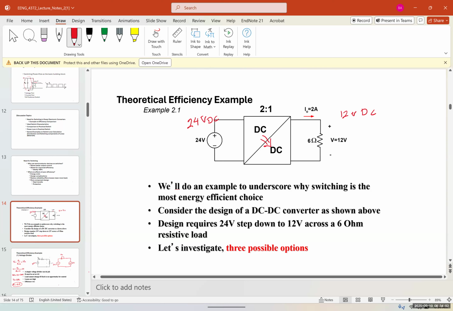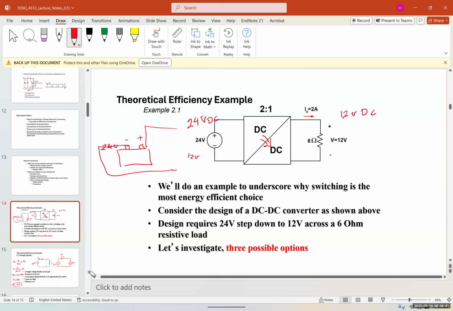So imagine if someone comes to you and says, I have a 24 volt battery and I want to turn on this LED or this load, and this LED or this load is 12 volts. How can I connect these two together so I won't burn the LED? Resistors, great.